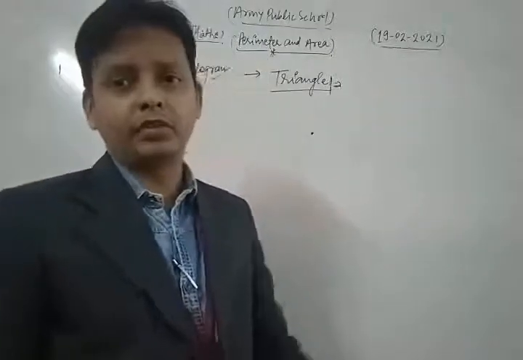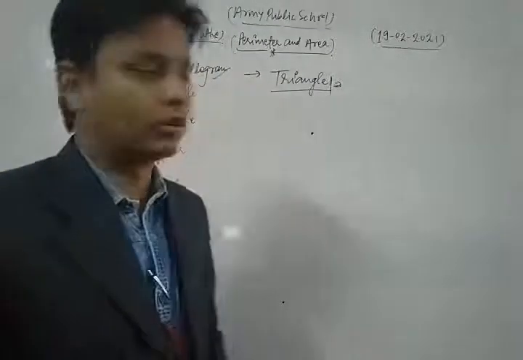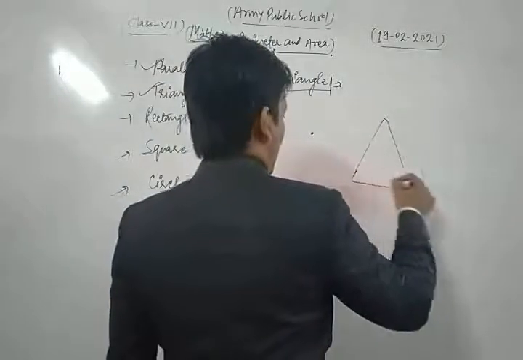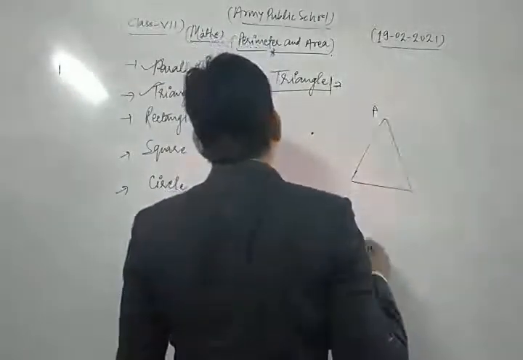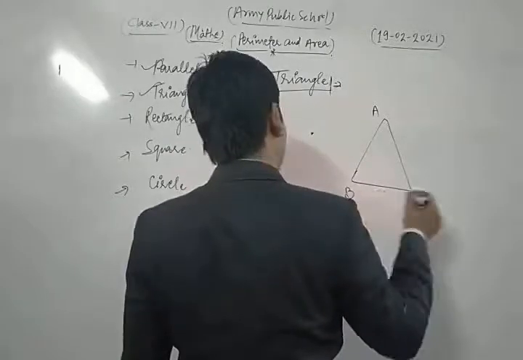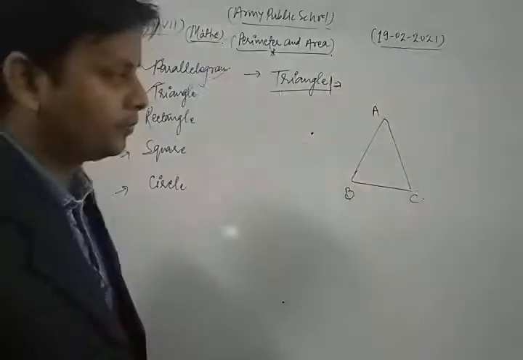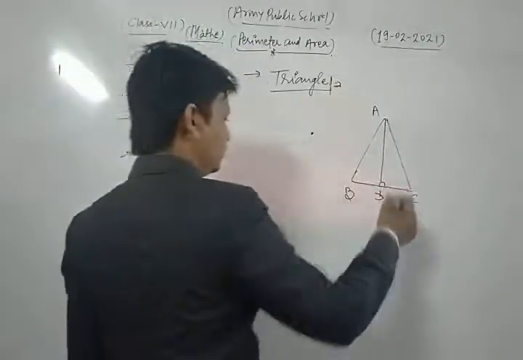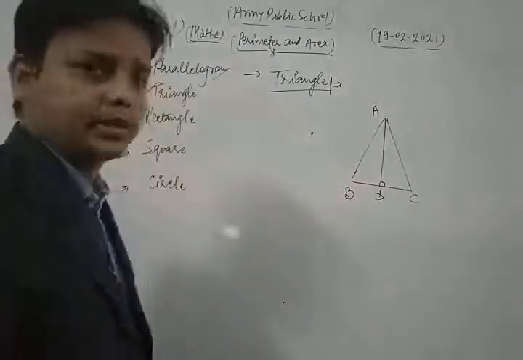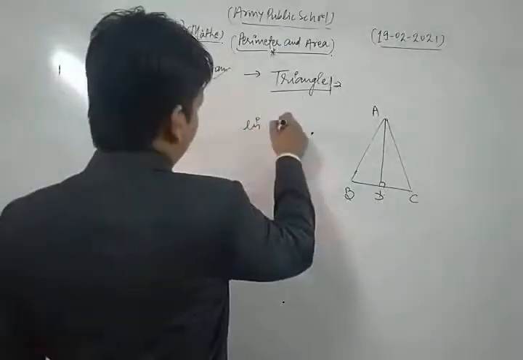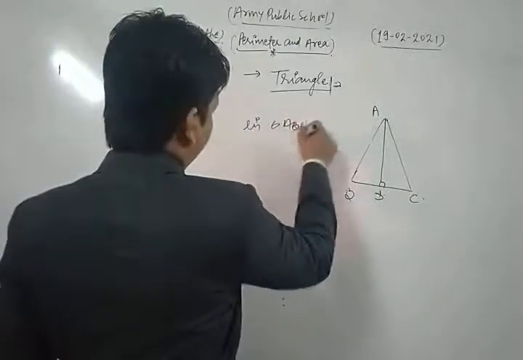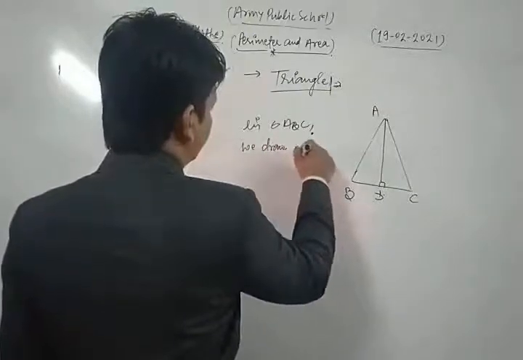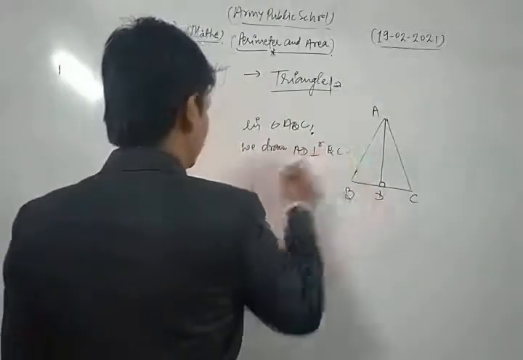Now we discuss the perimeter and area of a triangle. Suppose ABC is a triangle in which BC is the base, and we draw AD perpendicular to base BC.